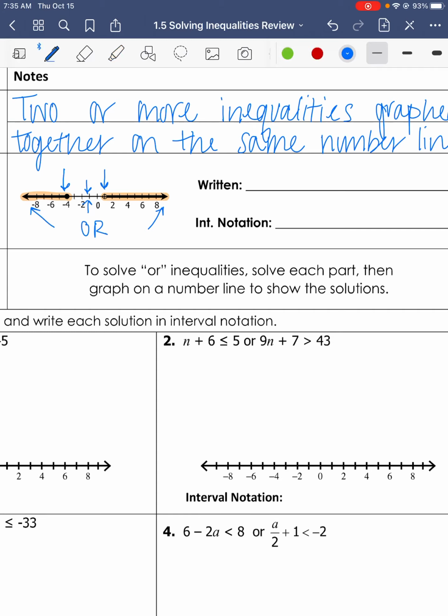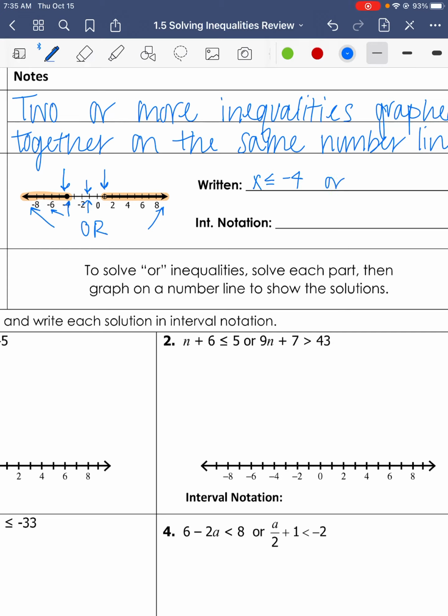So the way that we are going to write this is that x is, we'll look at the left side here, x looks like less than or equal to -4. And we know that because the circle is at -4, and it's going to the left, so we know it's less than, and it's a closed circle, so we know it's less than or equal to.